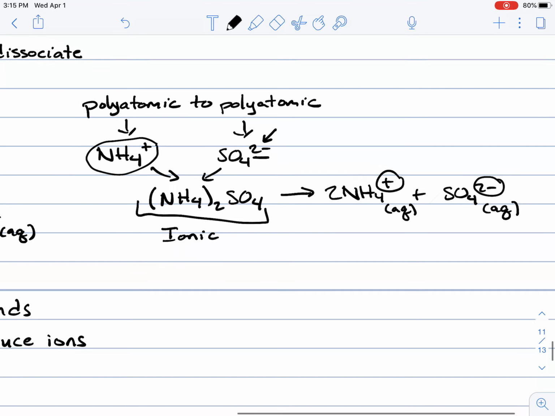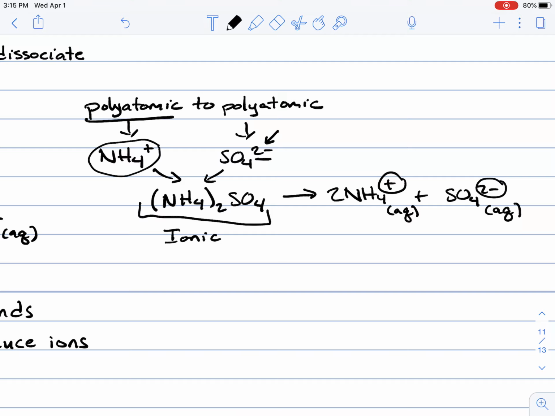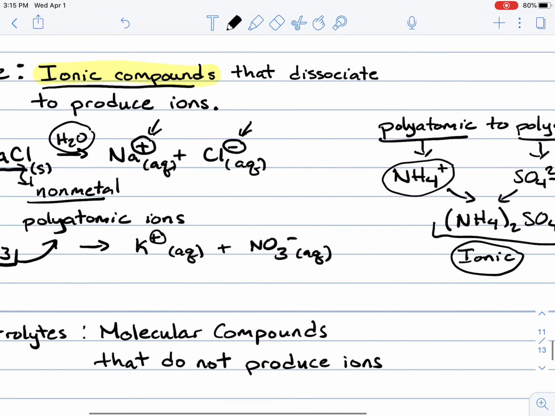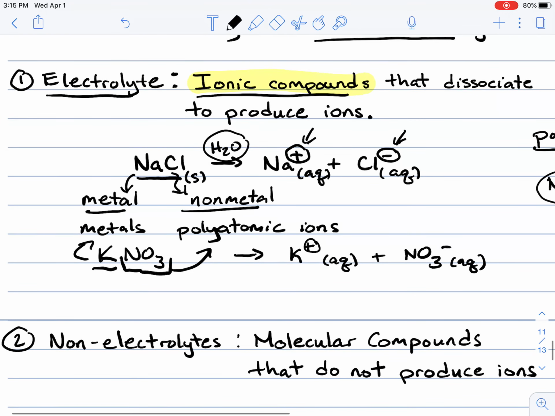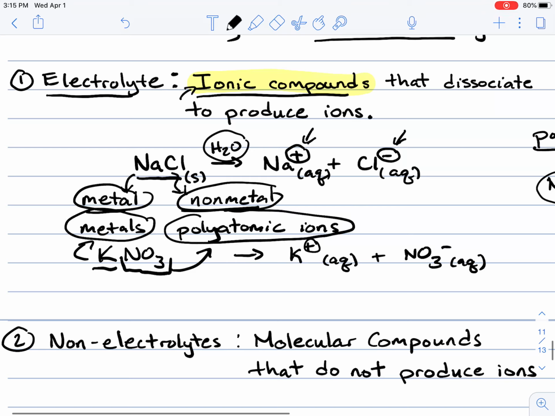So you can have a combination of polyatomic ions to polyatomic ions that are considered ionic compounds. You can have a combination of a metal to a nonmetal, and metals to polyatomics.